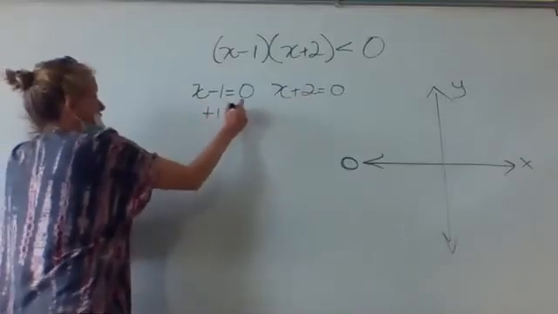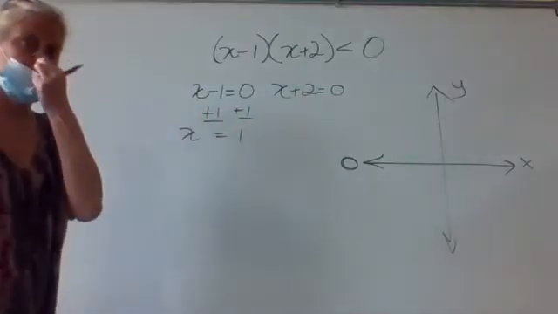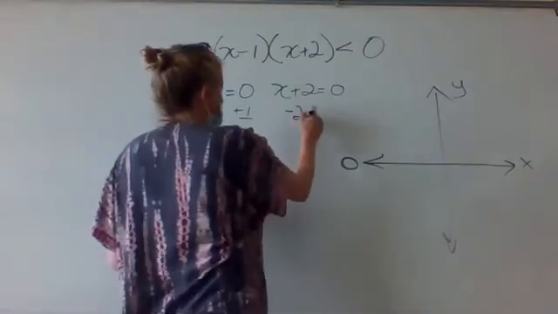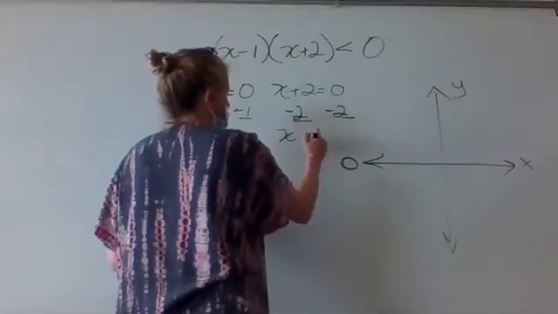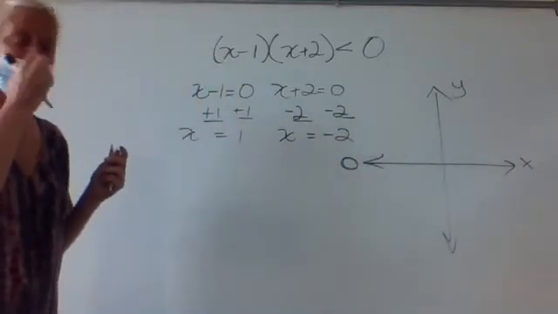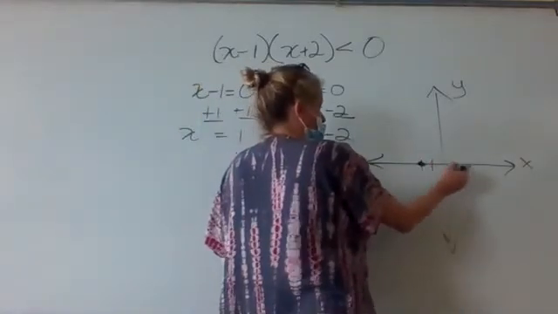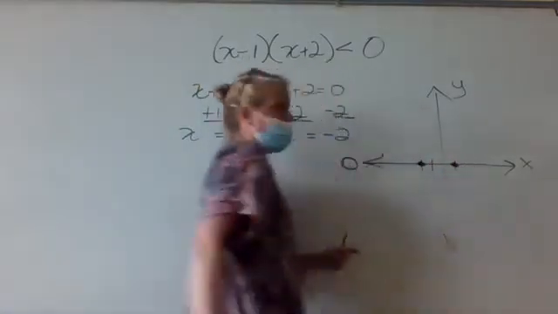So here I would add the 1 to both sides, so x equals 1. Here I would subtract 2 from both sides, so x equals -2. So those are where it's going to cross the x-axis, at -2 and at +1.